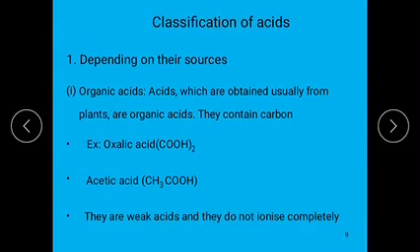Now let us see the classification of acids. Depending on their sources, there are different types. Number one, organic acids. Acids which are usually obtained from plants are called organic acids.